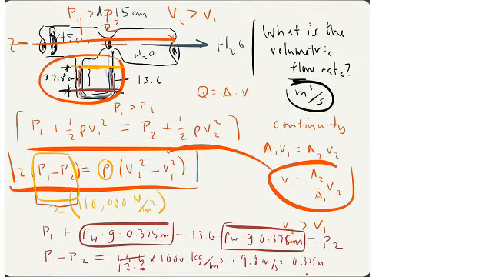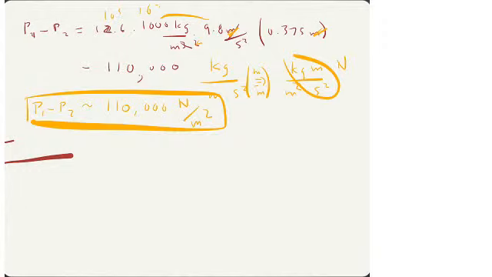Now I need to use this equation to substitute into this equation to substitute for one of the velocities. Let me keep going here. The next page. 110,000.